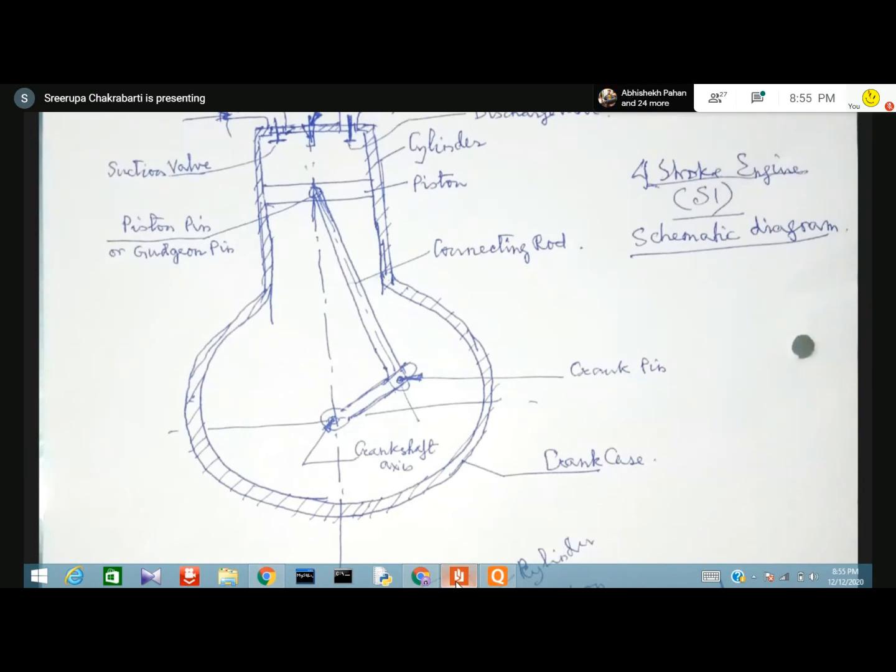And also, it contains some liquid lubricating oil. The crankcase is a reservoir of lubricating oil. It holds as a storage of lubricating oil, so that when the crankshaft rotates inside the crankcase, it splashes that lubricating oil by centrifugal force on the inner surface of the cylinder.